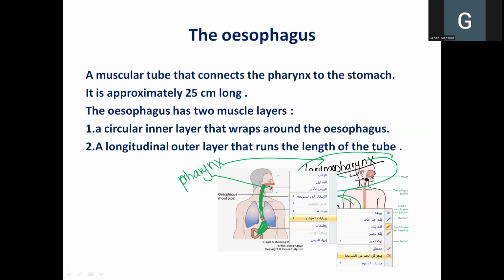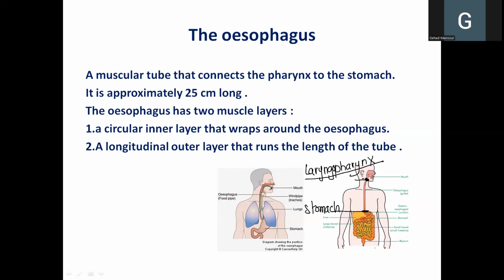And as we said during our explanation of mechanical digestion, all the organs, starting from the esophagus to the anus, have muscle layers. And these muscles are smooth muscles, meaning that these muscles are involuntary muscles. We do not have control on them. And the muscles in the esophagus are formed of two layers.